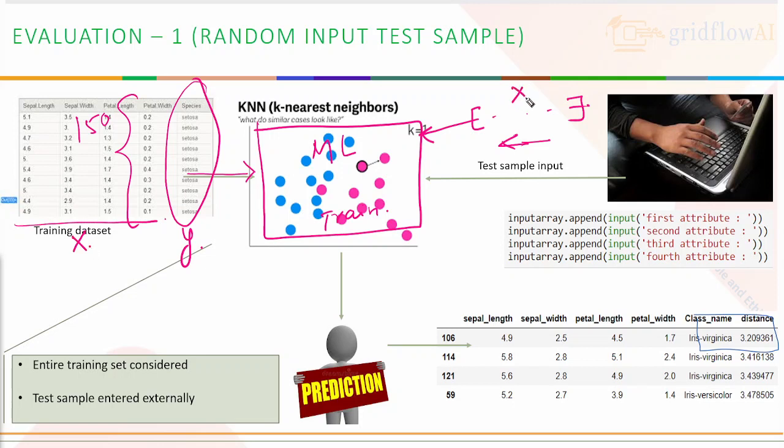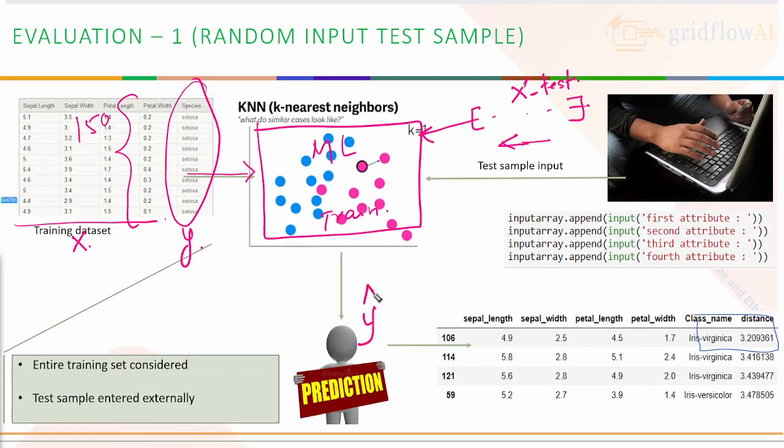So what we have passed to the model is a randomly generated sample called X test. It could be any name, but I'm just using it for easier understanding. So this is X test, this is one row, and we are asking the model to predict. So we're getting some prediction.